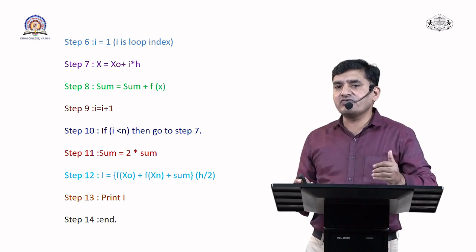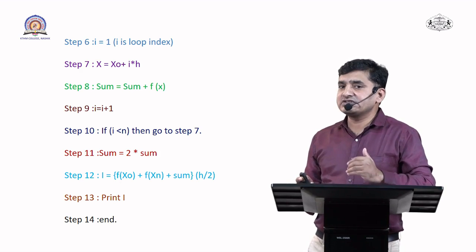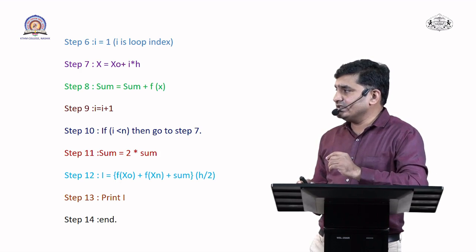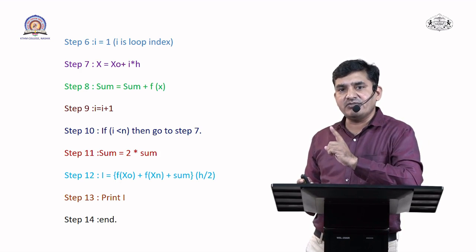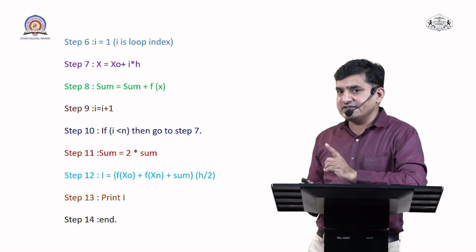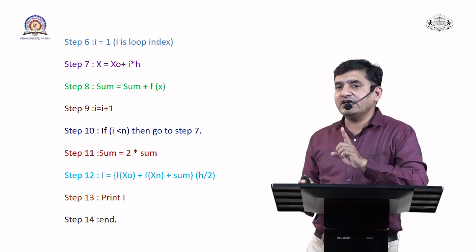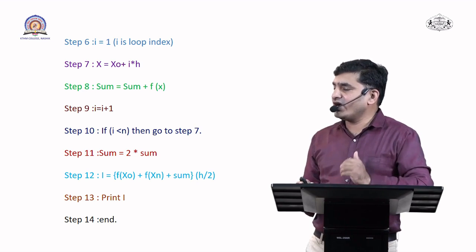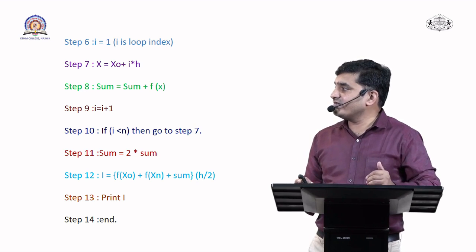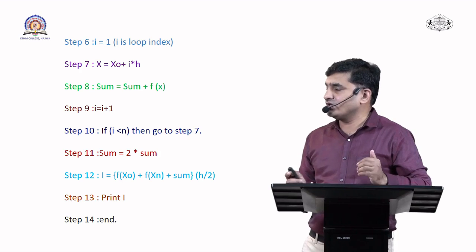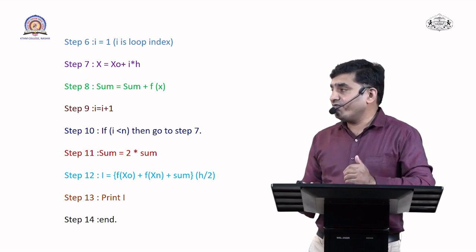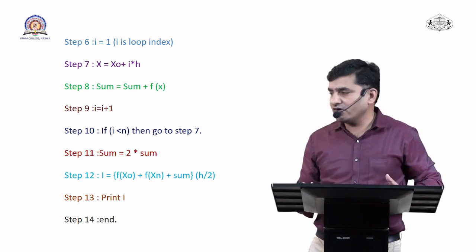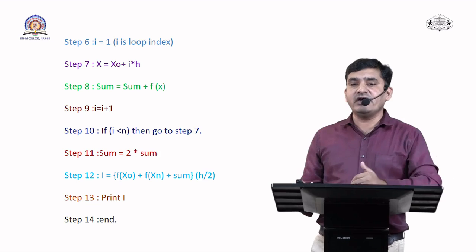That is, x is equal to x0 plus i into h. In this case, i is initialized as 1 and incremented by 1, so it became 2. Again, find sum is equal to sum plus f of x. Again i is incremented by 1.